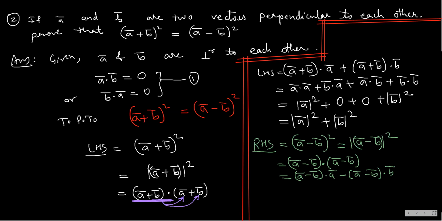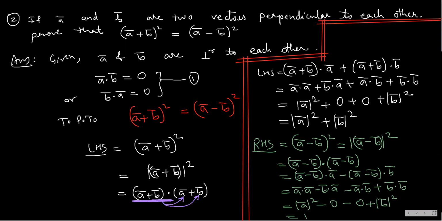I get a bar dot a bar minus b bar dot a bar minus a bar dot b bar plus b bar dot b bar. So this will become mod a bar square minus 0 again. These two are 0. We have known this in the beginning itself. And plus mod b bar square, which is equal to mod a bar square plus mod b bar square.